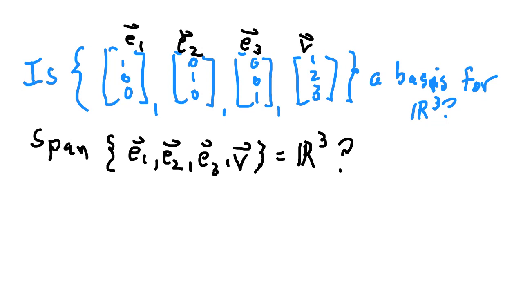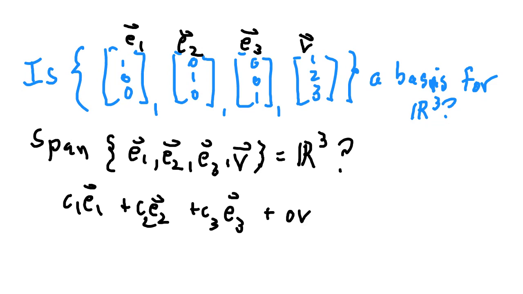Good. It is. It absolutely is. If you were to take a linear combination of E1, E2, and E3, and then just put a 0 before that fourth vector V, any vector in R3 could be reached.